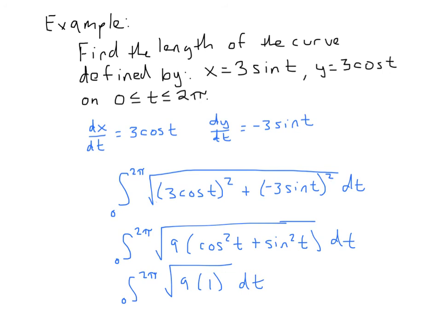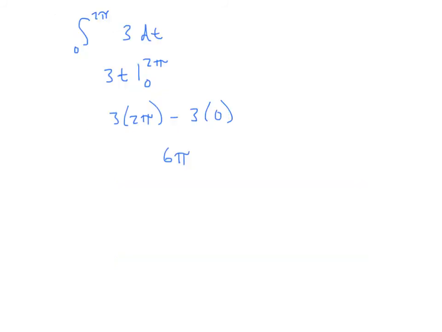You could do this with a calculator, or this one you can do by hand pretty easily, because when you distribute that squared, you get 9 cosine squared t plus 9 sine squared t, and then you factor out the 9, but I know that cosine squared t plus sine squared t is just 1, which makes it a lot easier to evaluate, which is 3.